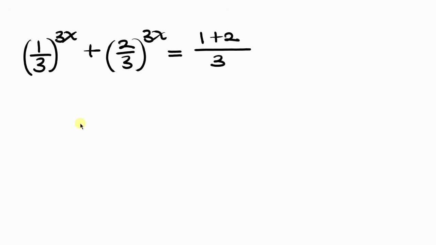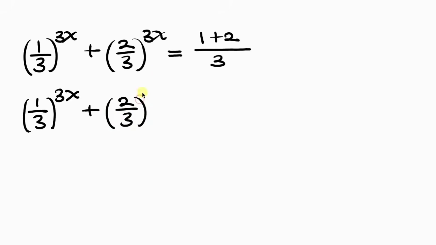So let's make it even better. We have the left-hand side as 1 all over 3 all raised to 3x plus 2 over 3 all raised to 3x, and this is equal to, now let's split the fraction on the right hand side. So this will be 1 all over 3 plus 2 all over 3.